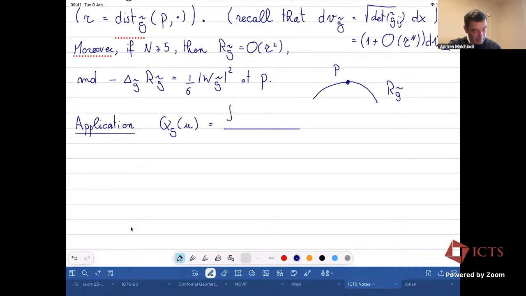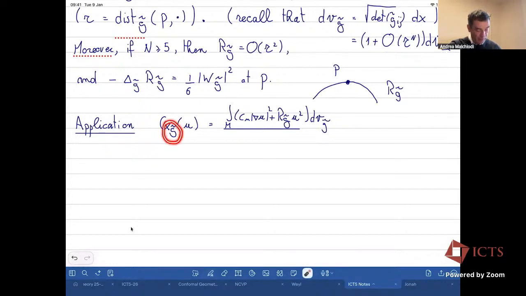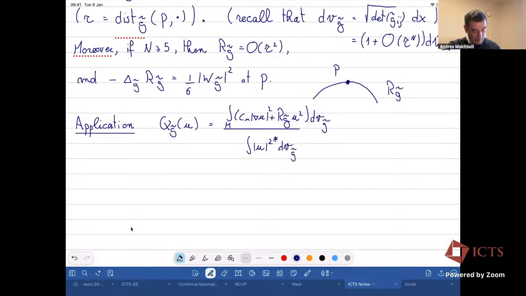So it's the integral over M of Cn times the norm of nabla u squared plus Rg u squared dV. And we can do everything with respect to g tilde. Okay, so I take Qg tilde of u, and I need to divide by the integral of u to the 2 star dVg tilde to the power 2 over 2 star.